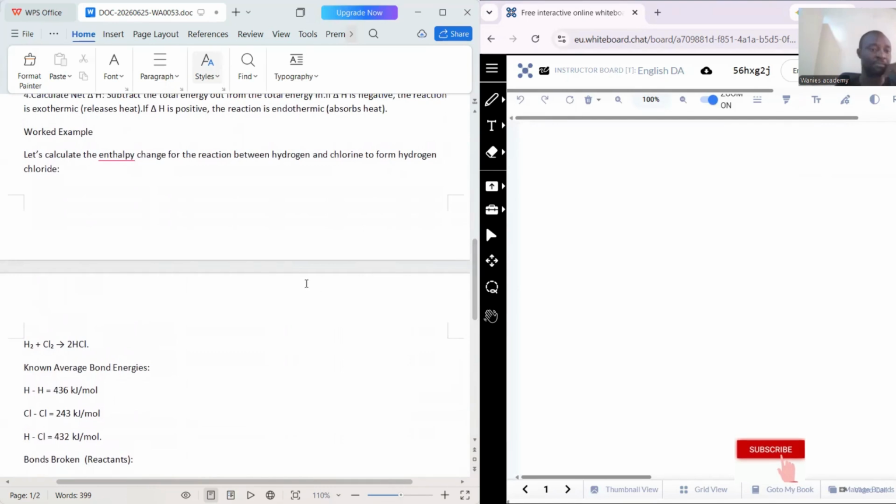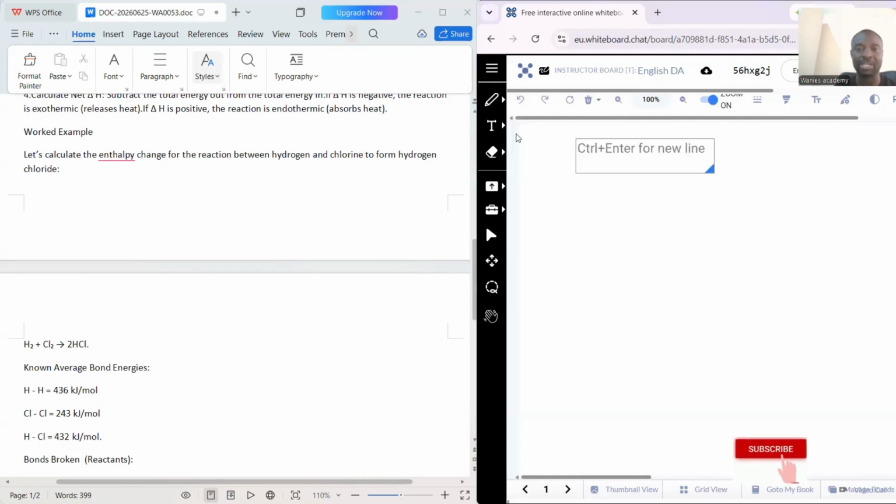Let's calculate the enthalpy change for the reaction between hydrogen and chlorine to form hydrogen chloride. Firstly, let's write the chemical equation for that reaction.